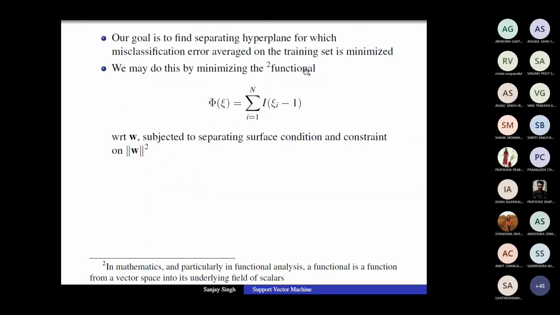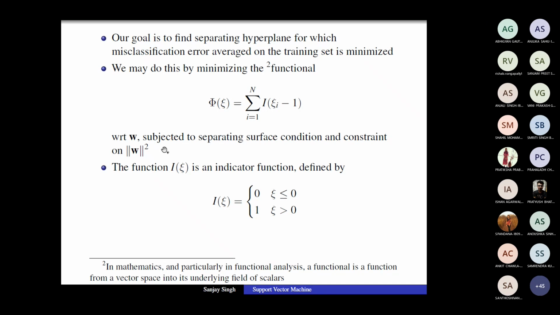Then we want to minimize the functional, that is, minimize this error subject to the separating surface condition constrained on W. If it is greater than 0, that is true, so this will be 1, otherwise it's 0. If it is not greater, it is not causing any misclassification error, so it will be 0. If it is greater than 1, that indicates there is an error. This is what it means.